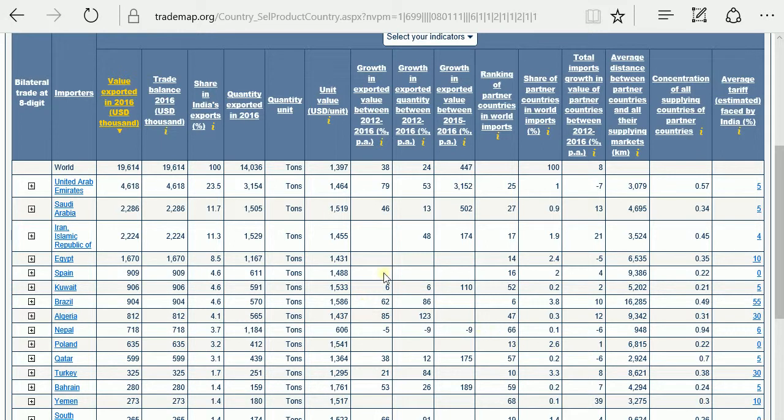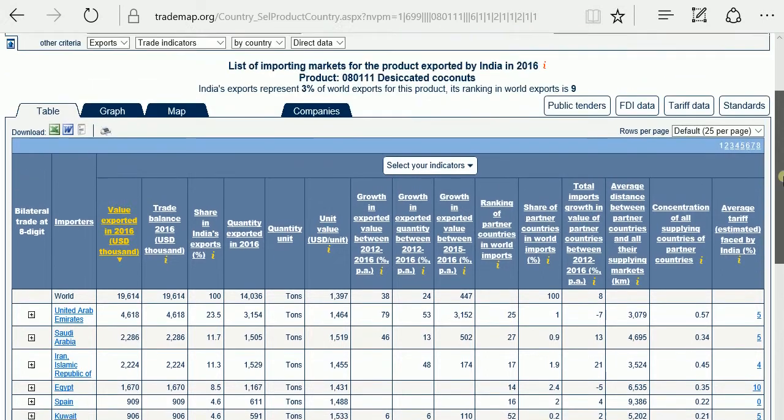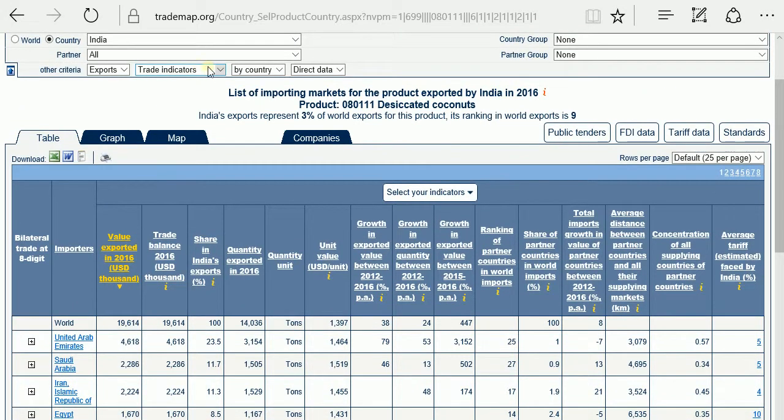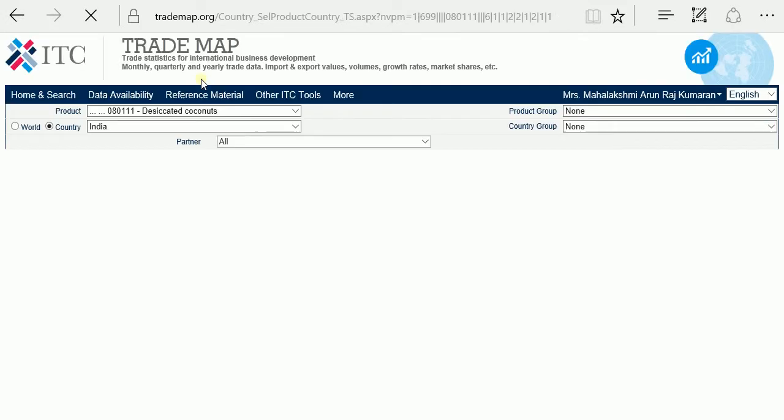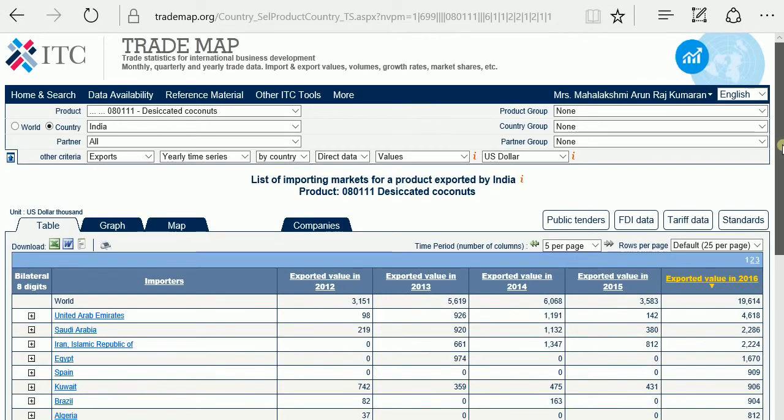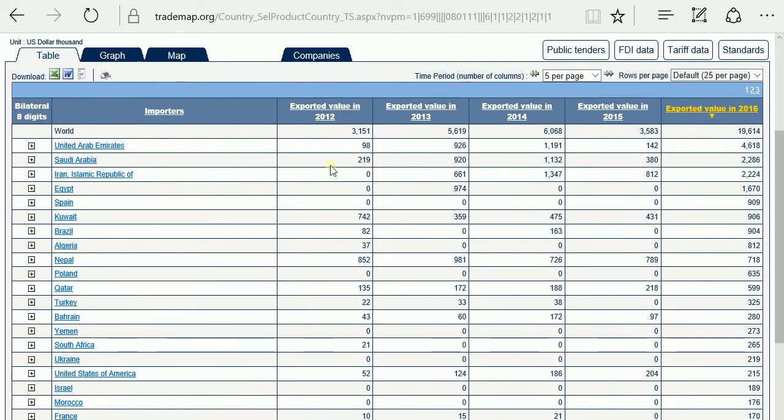Okay, but certain countries don't show any data. Why is it? It means they may be new importers of desiccated coconut from India. Is it true? We can check it. In the criteria tab, choose yearly time series. So here it shows the export value.